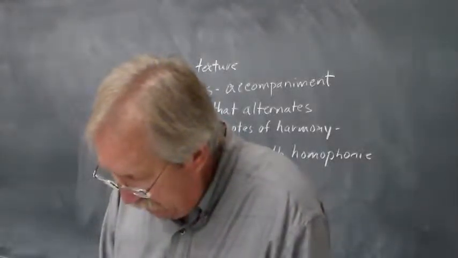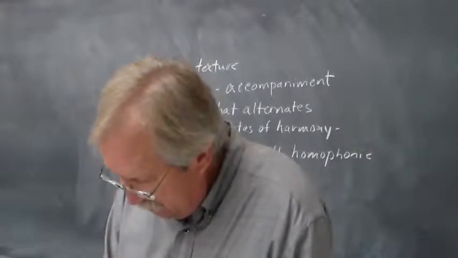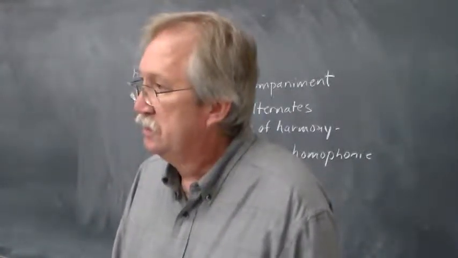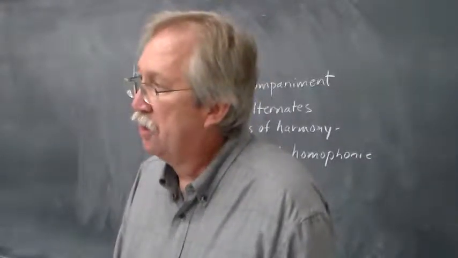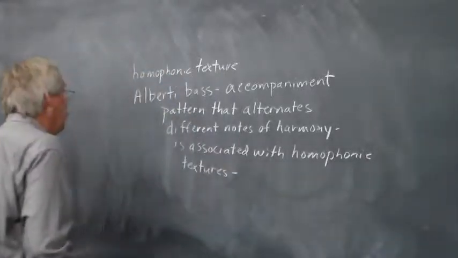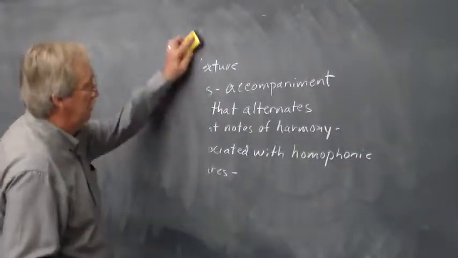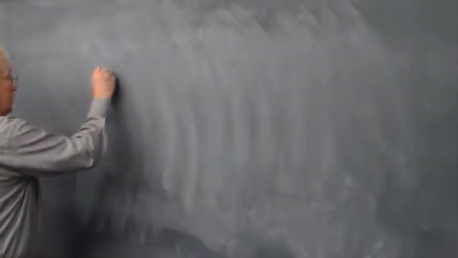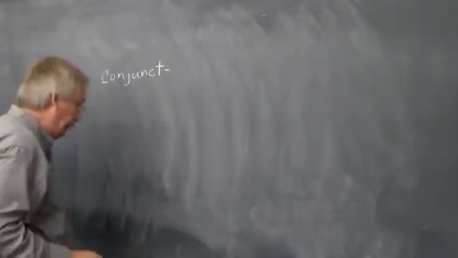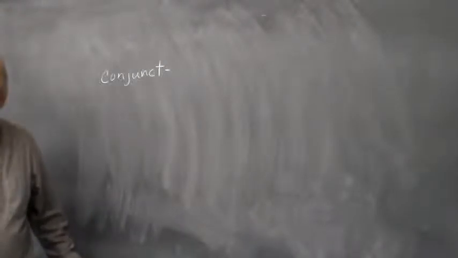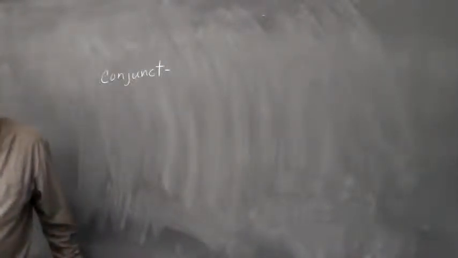So in looking at the way that the melodies are constructed, some terms that you'll use in describing melodic construction are the terms conjunct and disjunct. So a melody is conjunct if it has primarily stepwise motion.